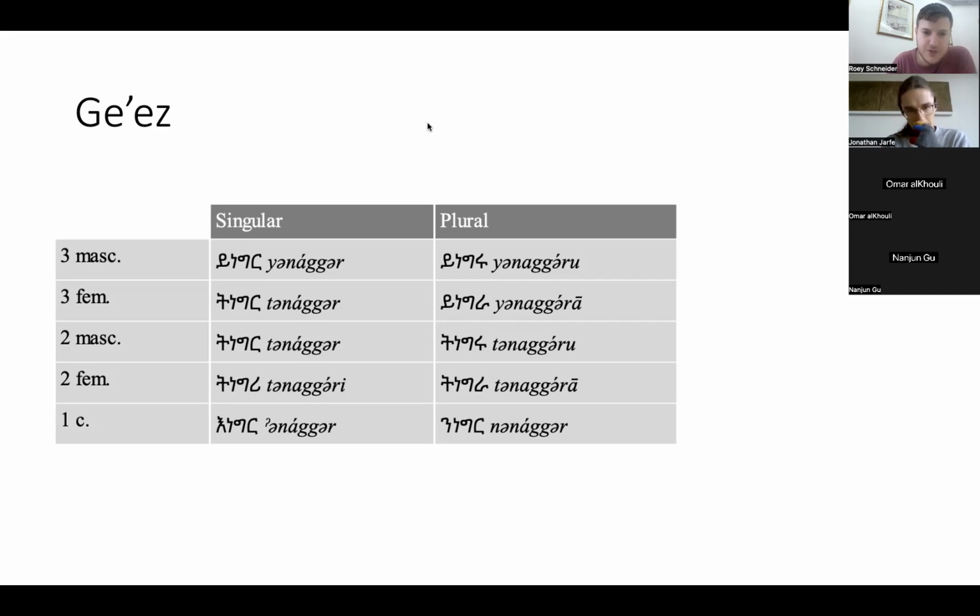I think I've already mentioned that one of the only problems with this paradigm, from a comparative perspective, is that this schwa vowel should have, in theory, been an a if we look at Akkadian. So iprus, iparras. So why is this not yenagar with an a here? But there's no real answer for that, and there are several instances in which Ge'ez changes a to u. It could also be just spreading from the other paradigms, or I don't know, but that's just the way it is.